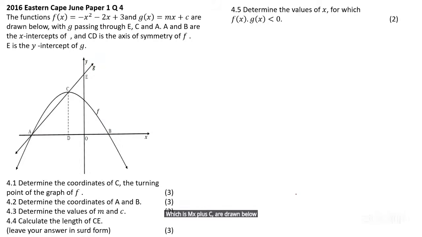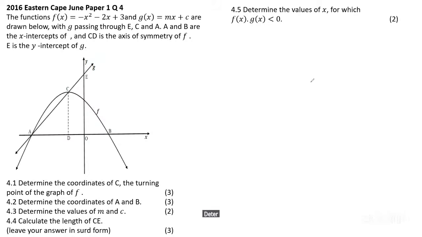And it says with g passing through E, C, and point A. A and B are the x-intercepts, and I think they are the x-intercepts of f of x, and CD is the axis of symmetry of f. Then it says E is a y-intercept of g. I'm fine with that. 4.1, we begin.